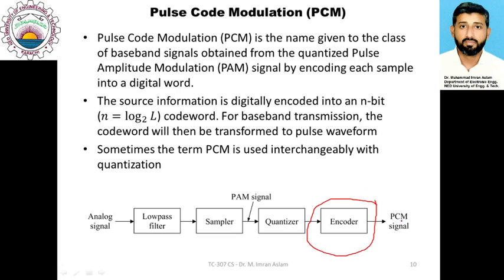So the resultant output is named as PCM or pulse code modulated signal. However, it is worth mentioning that many authors prefer to use PCM and quantization terms interchangeably. So sometimes PCM is also used to indicate the quantization process as well.